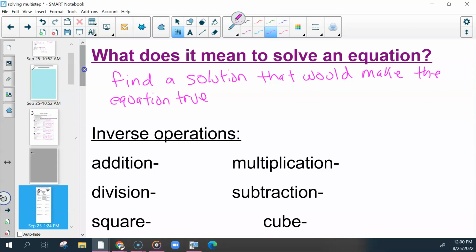You could be even more specific and say, make the equation true by using inverse operations. We're going to leave that as implied.